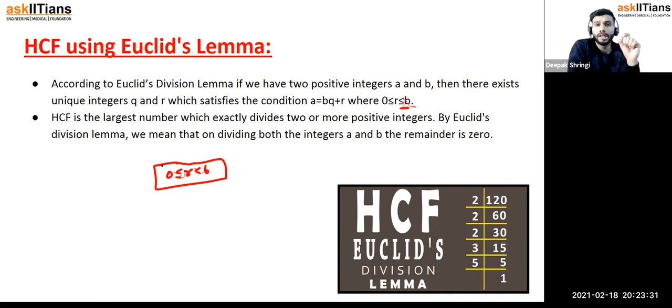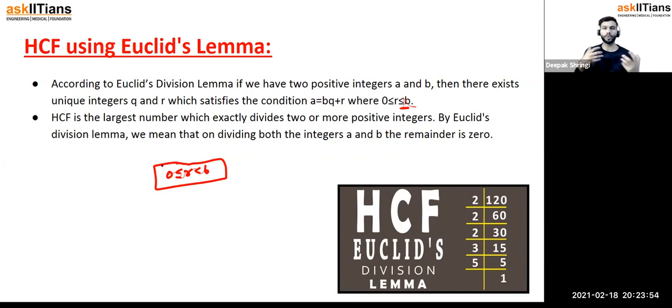Tell me the highest number which divides both of them. That's 3, right? 21 is divisible by 3 and 7. 36 is divisible by 3, by 6 as well, 12 as well. But 3 is the highest number by which both of them are divisible, right? So the HCF of 21 and 36 is 3. Got it?